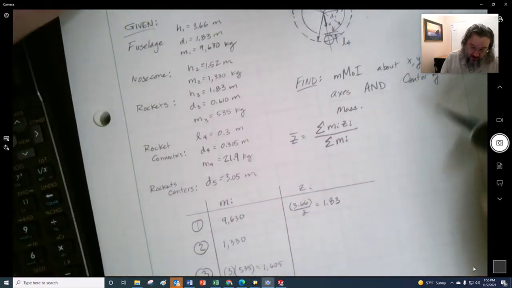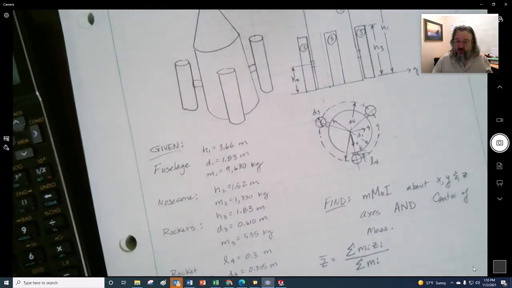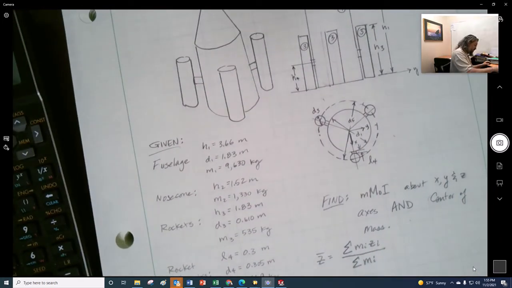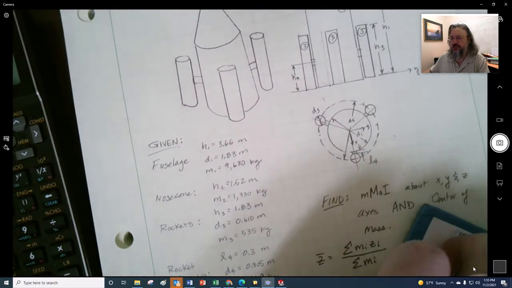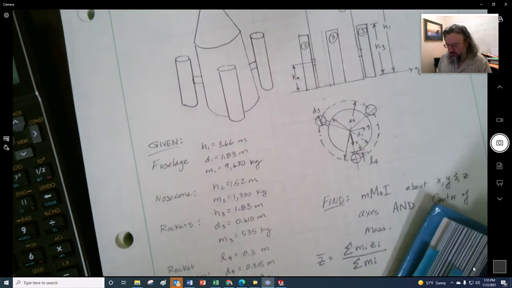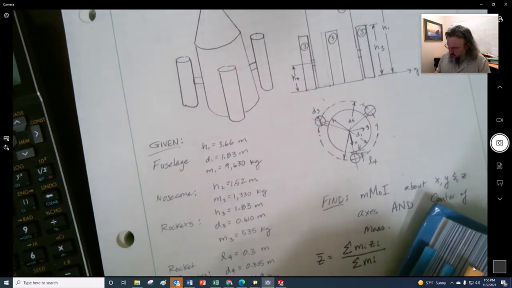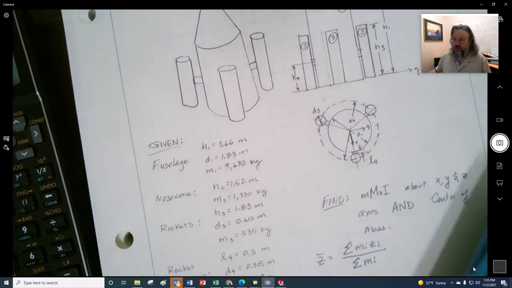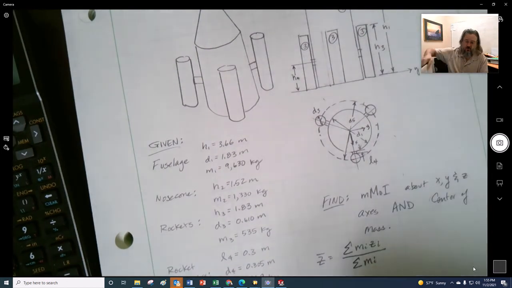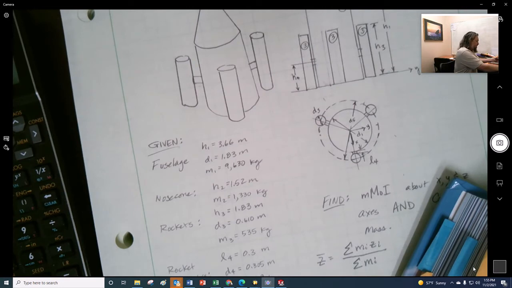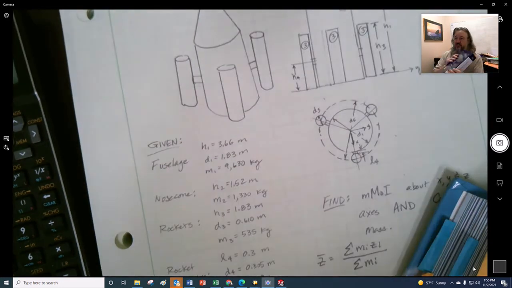This one is going to be... oh, we need the nose cone. So we'll look that up in our textbook right here. So let's see. There's probably going to be two different places depending on whether you have the single book or the double book, if you have statics and dynamics combined.